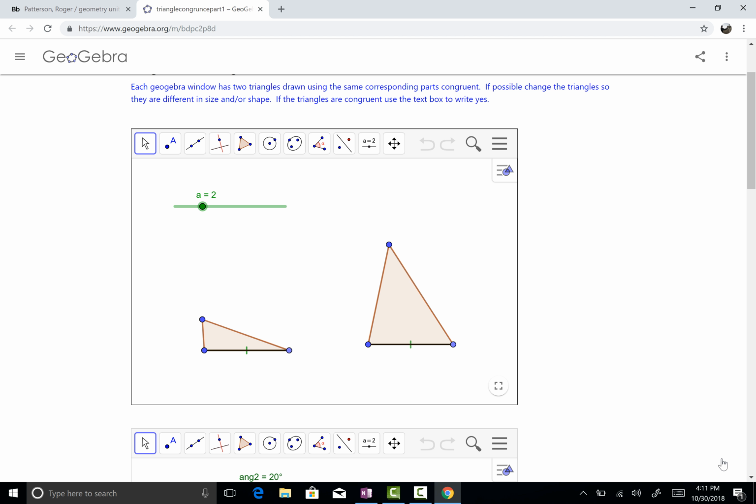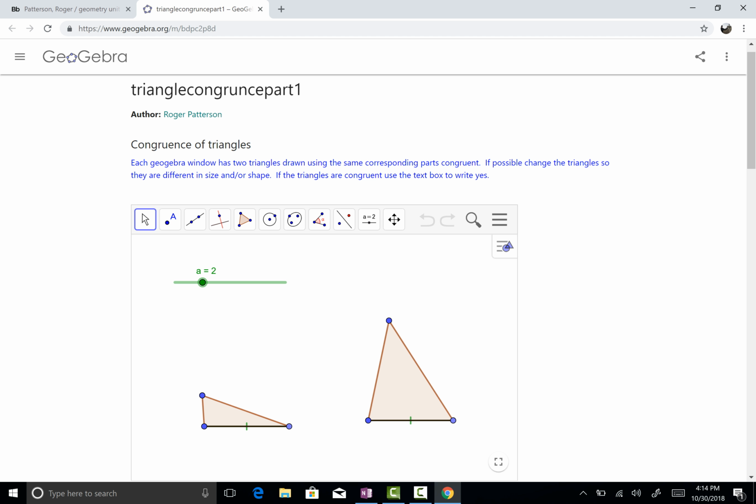Should be able to. I don't know why mine's not sliding. Yours is probably going to slide. Well, mine's not sliding. I'm not sure why, but I checked it out on a different computer. So this will slide. So you can slide A, and it will move around, okay? And that will change these triangles.